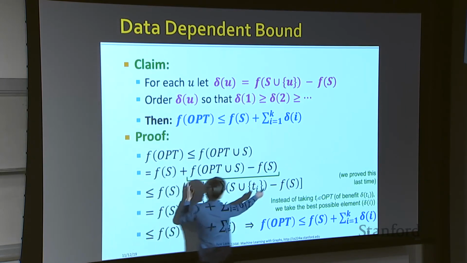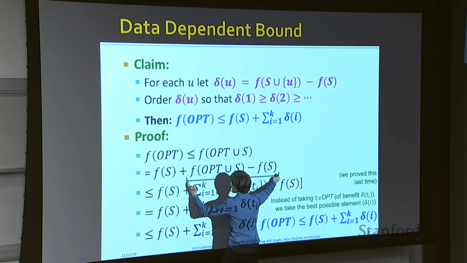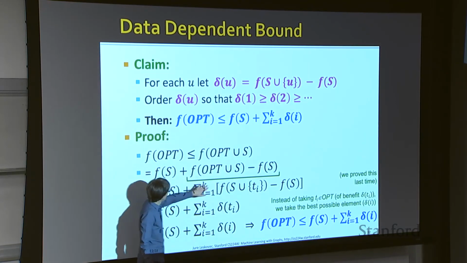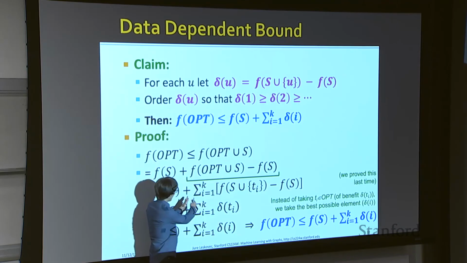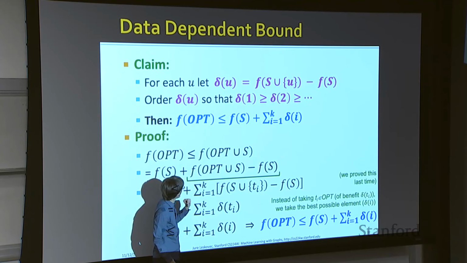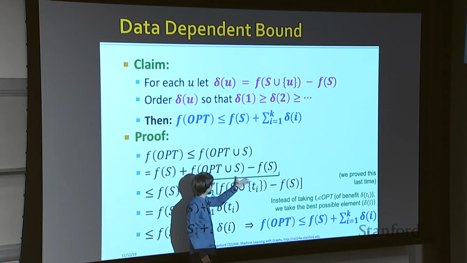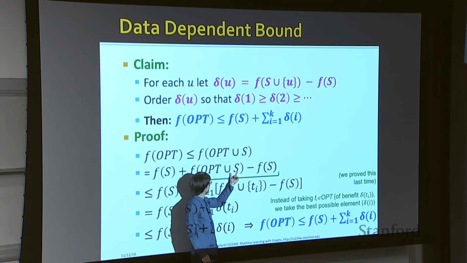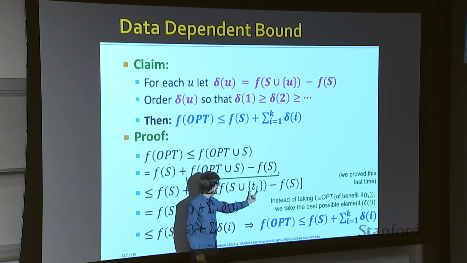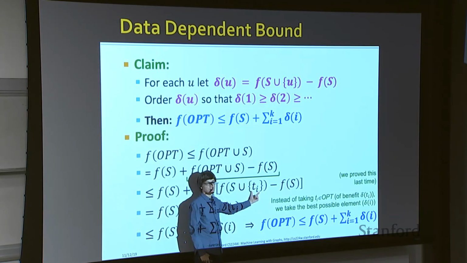And now you should remember that in the last lecture we took this expression and we were able to prove that it has the following value. Basically what we proved last time is that the marginal gain of the entire set is less than the sum of the marginal gains of the elements in the set.